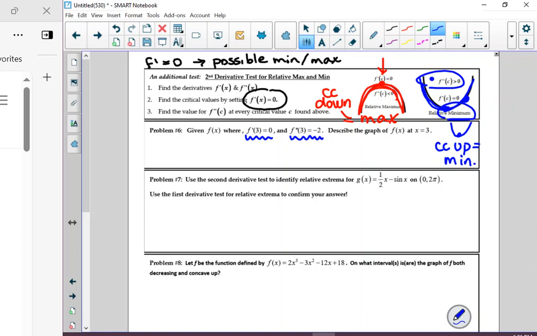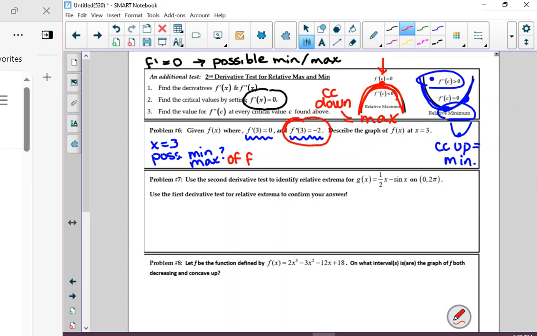Now that doesn't seem like it should be enough to tell you anything about f, but it does tell you one piece of information about f. If f prime of 3 is 0, then that's possibly a min or a max for f. So x equals 3 is a possible min or max of f.